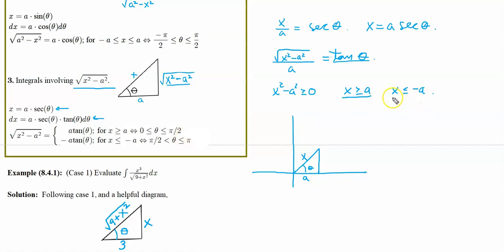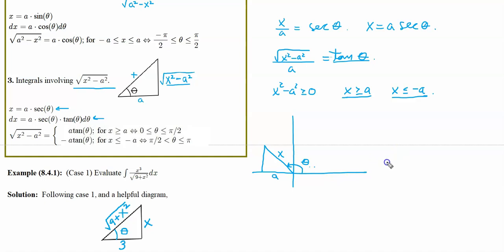Now, if x is less than negative a, then in order to get everything to work out, we have to draw the triangle in the second quadrant, in which case we get something that looks like this. So this would be x, this would be a, and our angle theta would be right here.